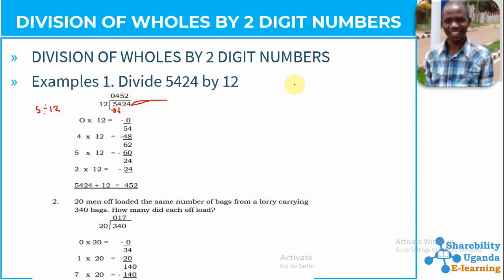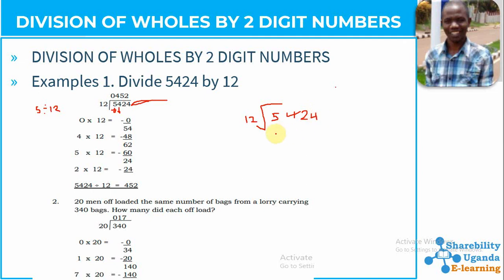So let us try it step by step, and we see how they came up with the method which is given. We are having our 12, and we are having our 54, and then 24.